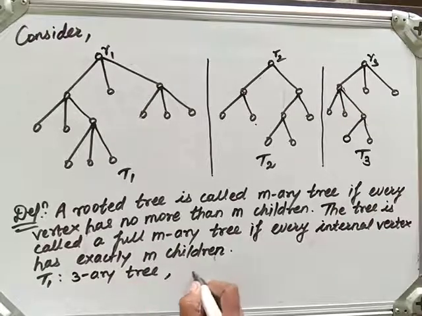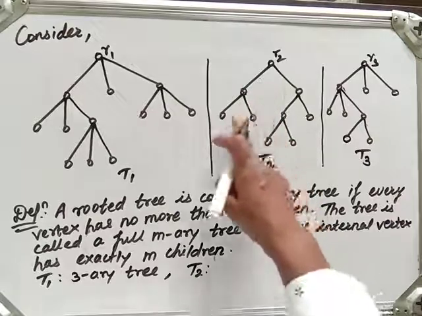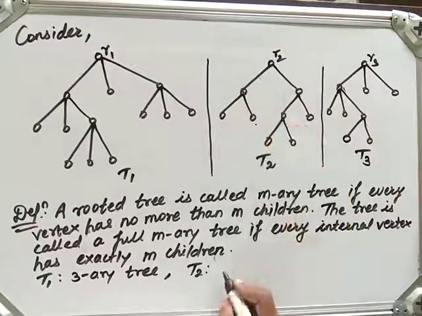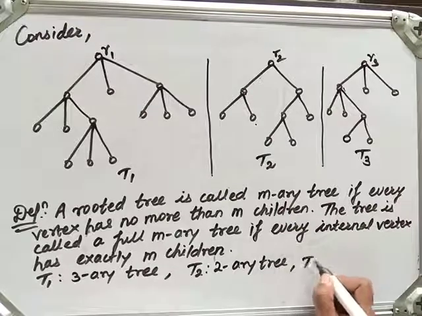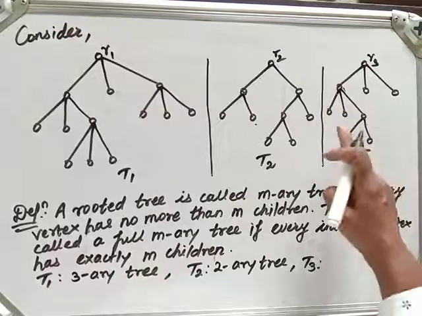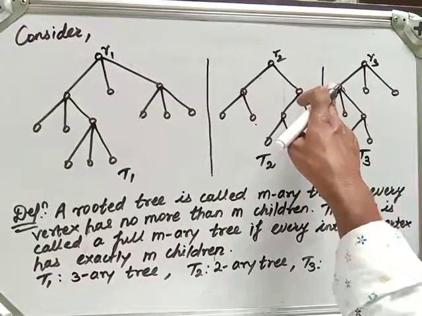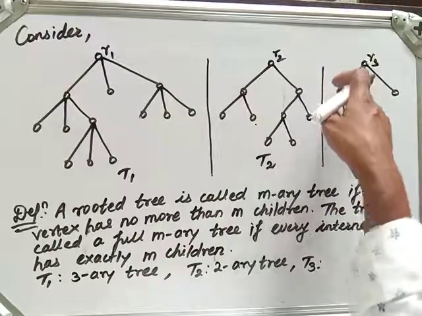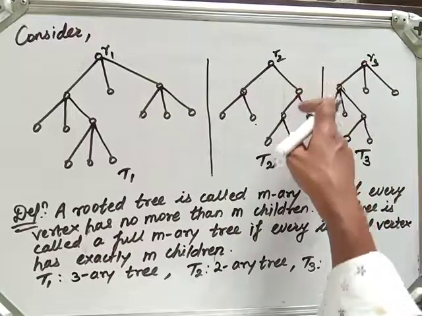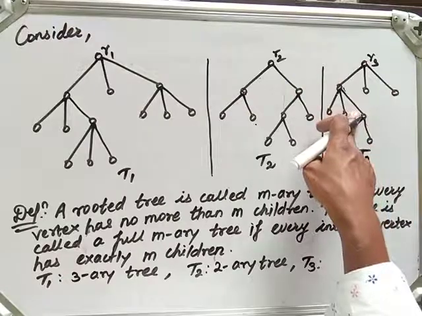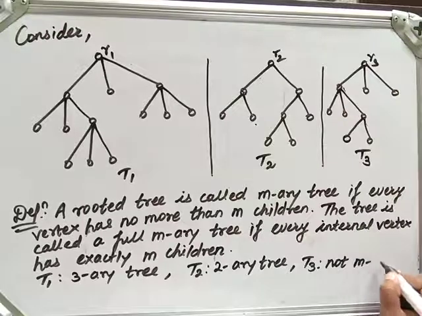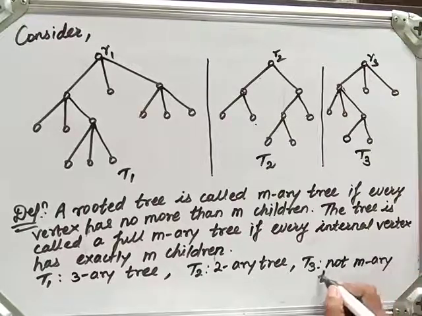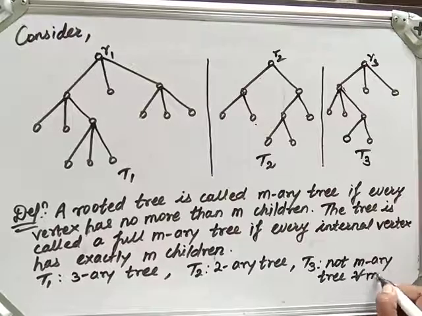What about T2? Look, every internal vertex has exactly 2 children, so it will become a 2-ary tree. But what about T3? T3 is not an m-ary tree because the internal vertex, the first one, the root, has 3 children. Again this internal vertex has 3 children, but this other internal vertex has only 2 children. So this is not an m-ary tree, for all m, we can see.